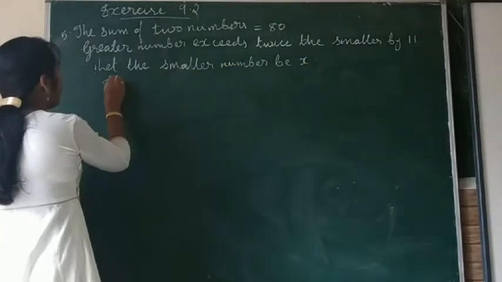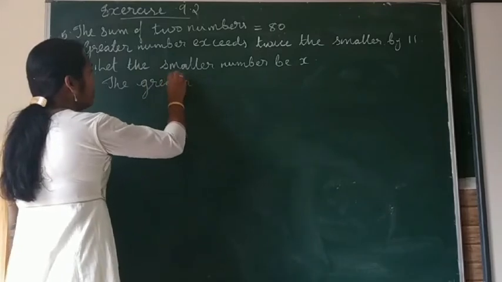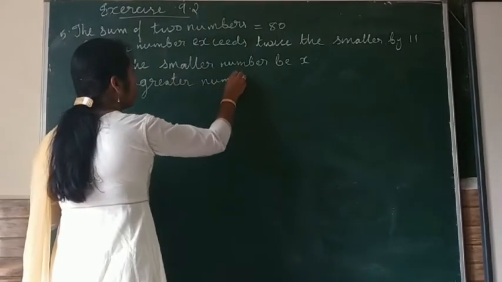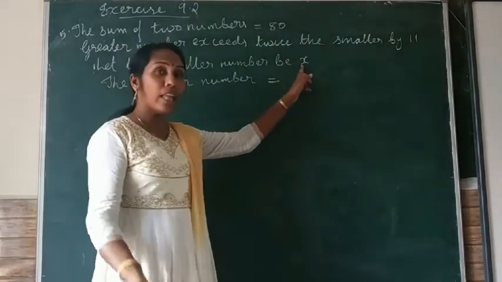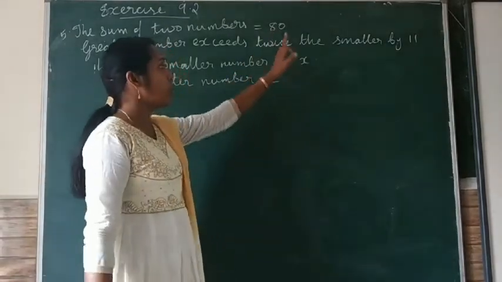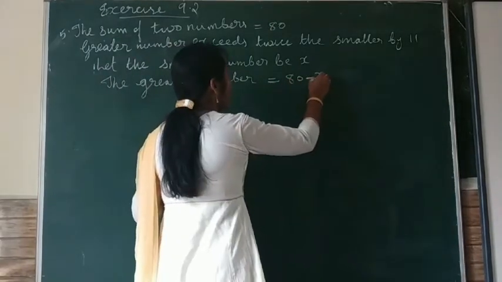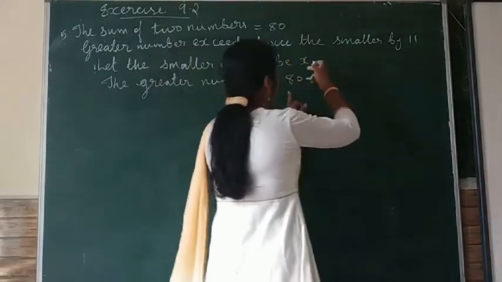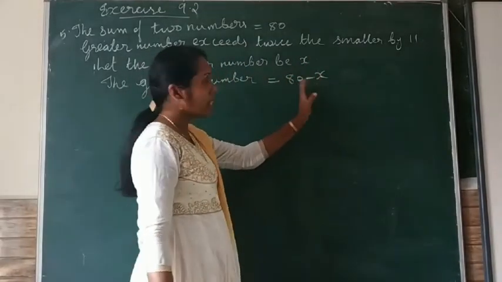The sum of x and the other number is 80. So the greater number, or the other number, will be 80 minus x, because here the sum is 80. x plus 80 minus x is 80.